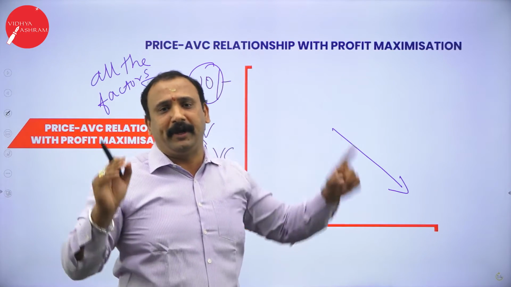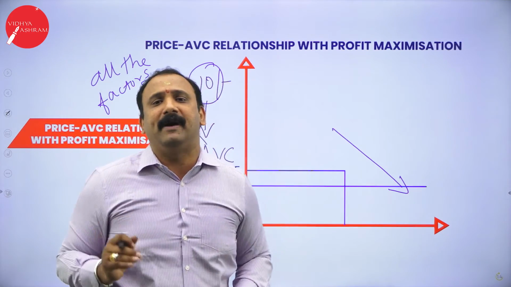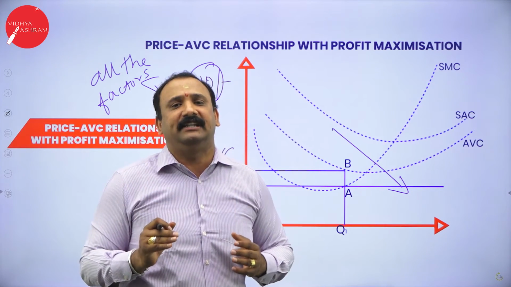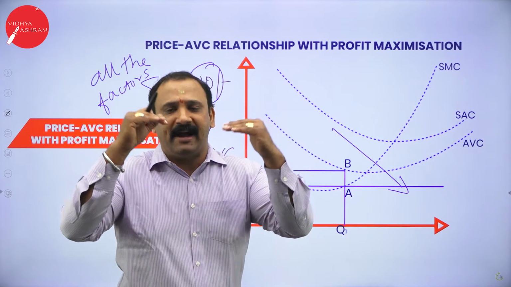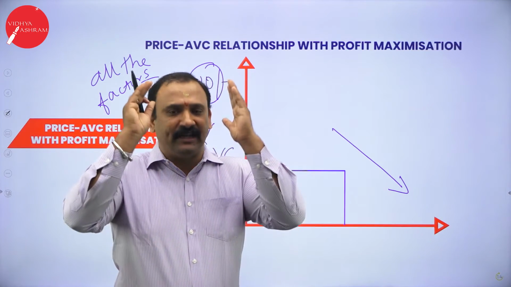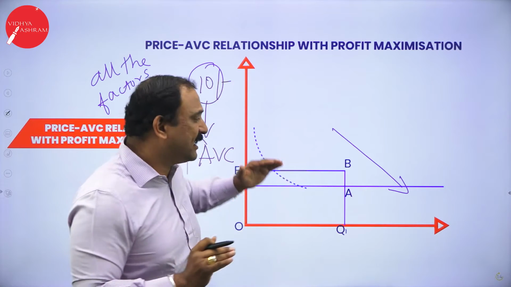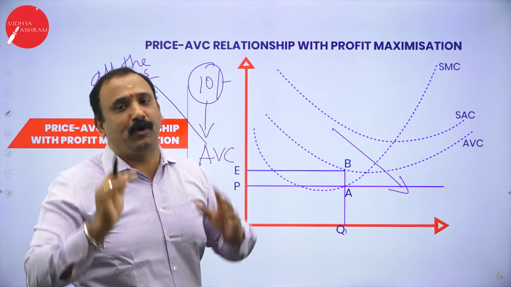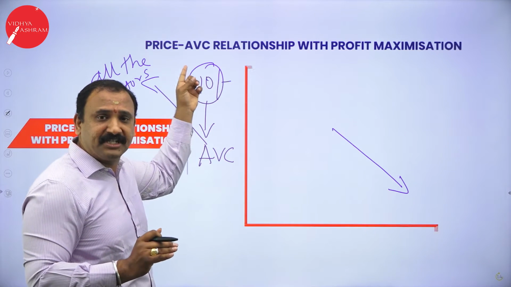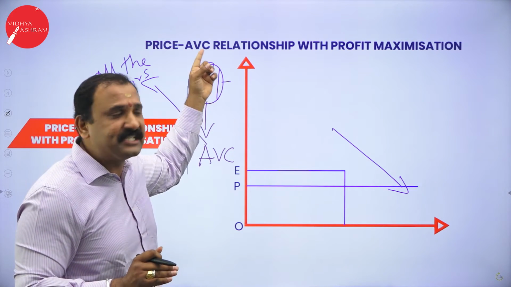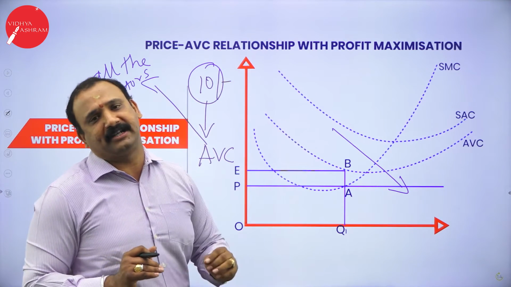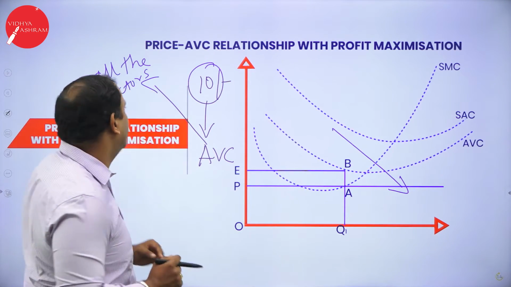So at any given point of time, tomorrow in any of the manufacturing industry, when you read through, you will try to understand that keeping all the cost factors inside, they would fix a price in such a way that they are at least able to come to a break even as soon as possible. So that is the relationship that we are talking about, price average variable cost relationship with profit maximization. Moving forward.